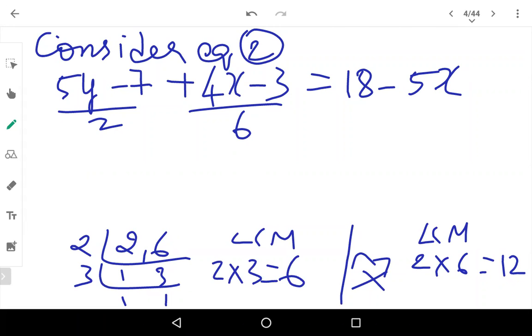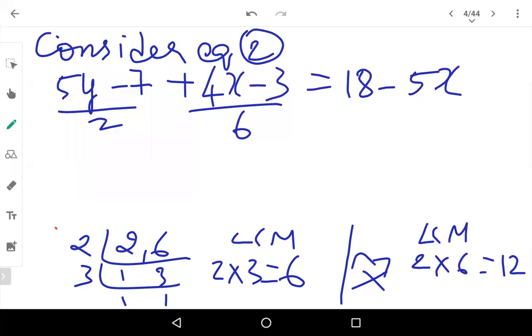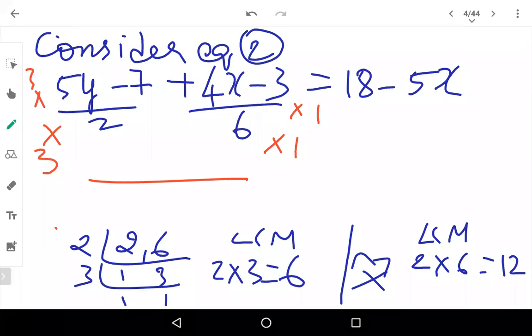If your LCM is 6, for the first expression you will be multiplying it with 3 and 3, and for the second one you will just be multiplying with 1, because your LCM will be 6. Understood? You can do both the ways. Both the ways are correct.